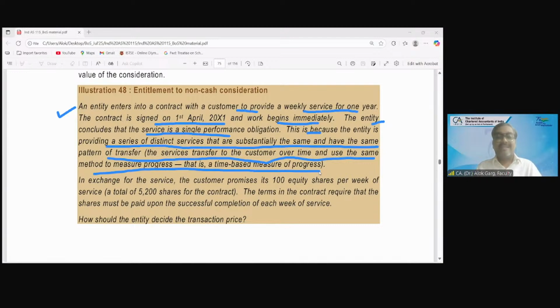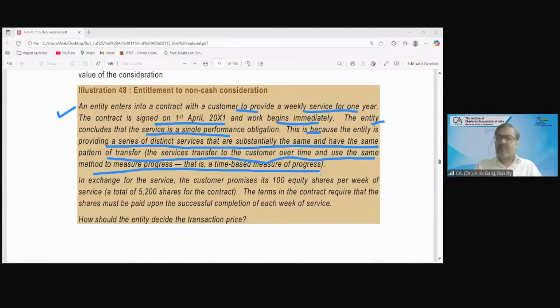But will that maid recognize the revenue every day? The answer is no. When the services are a single performance obligation and have a series of distinct services, there is a method which says you have to recognize the revenue over a period of time, right? For example, the newspaper vendor gives you a newspaper every day, but is he recognizing revenue every day? Is he giving you an invoice on a daily basis or a monthly basis?